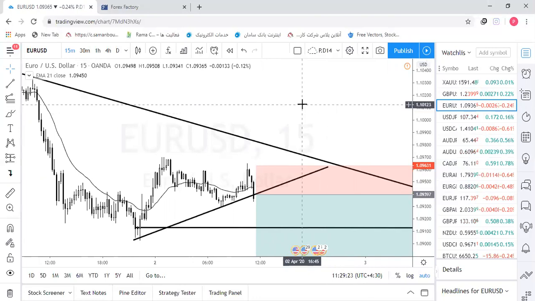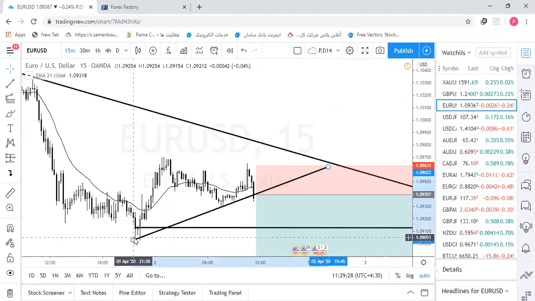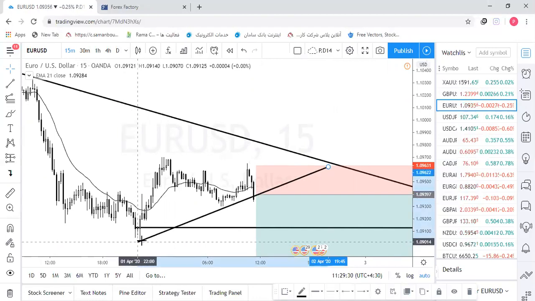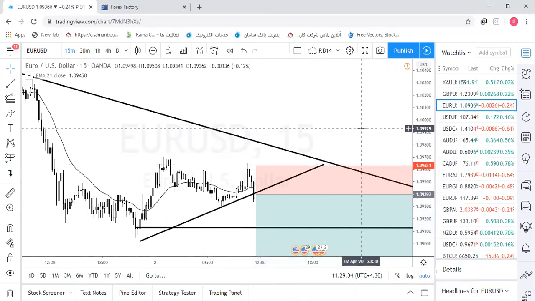Okay, guys, wait for one more minute, and if the candle closes like this, you can take your position. So we will have a live trade today.